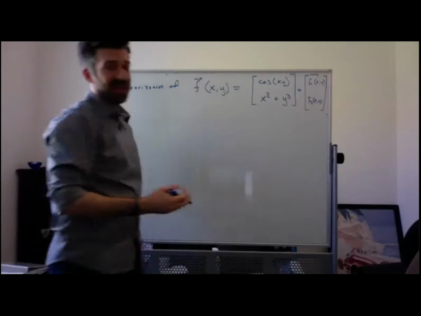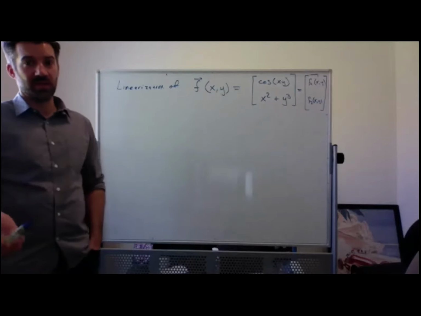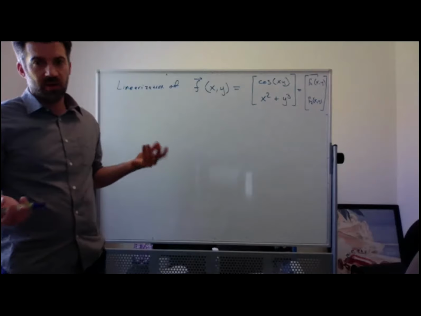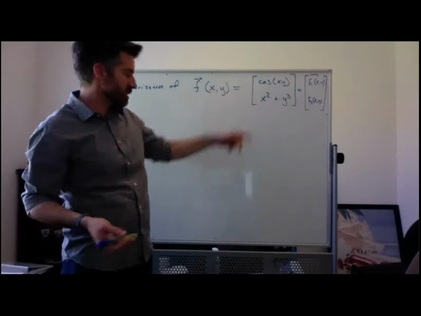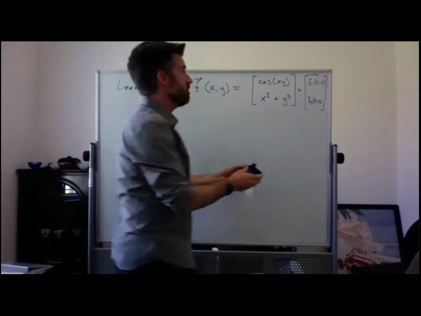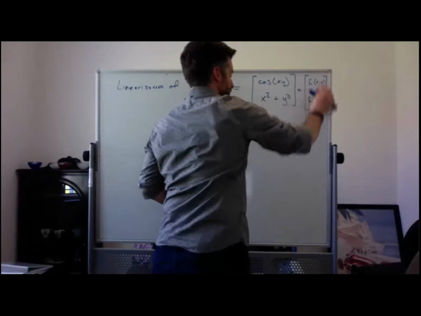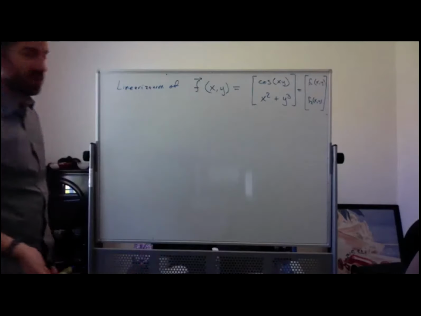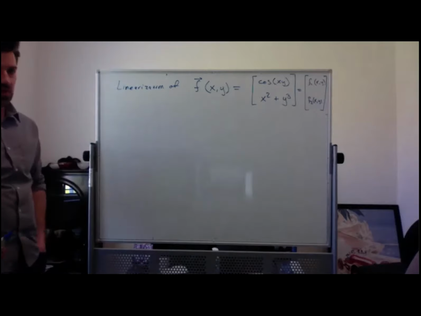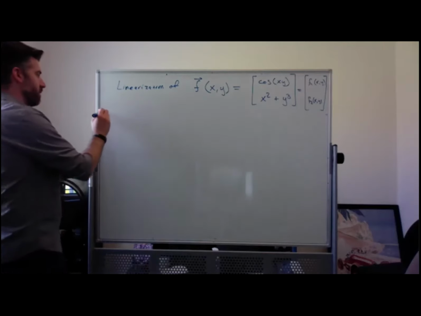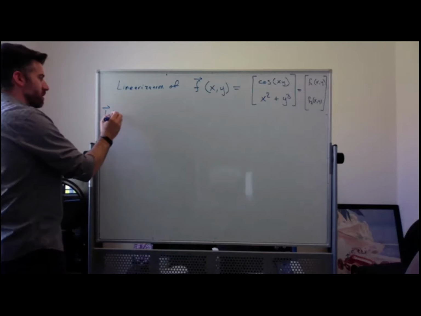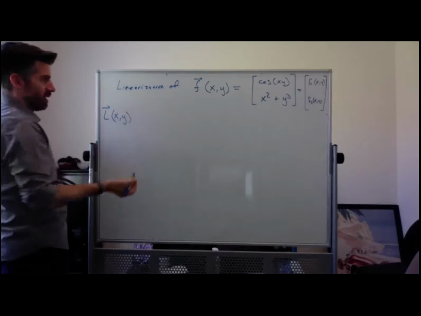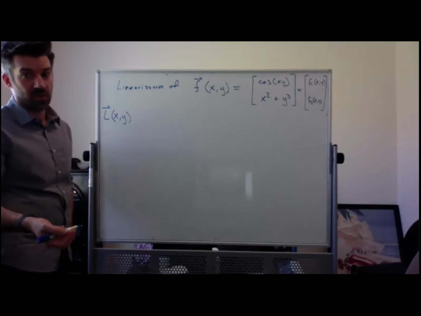And what we're really going to end up doing is linearizing both of them on their own. So you could totally treat each of these completely separately if you wanted to, and still get the same result. But the linearization is going to work the same way it usually does. If I'm trying to find the linearization of this function, again, it's going to be a vector valued function.